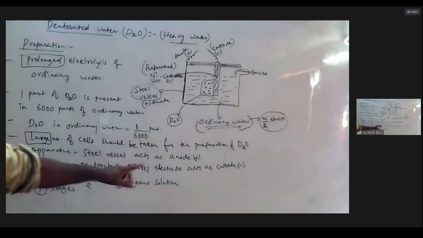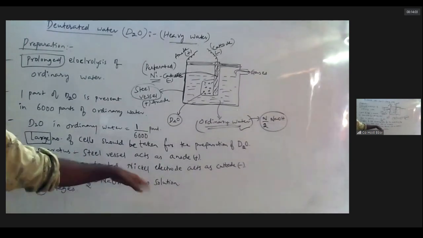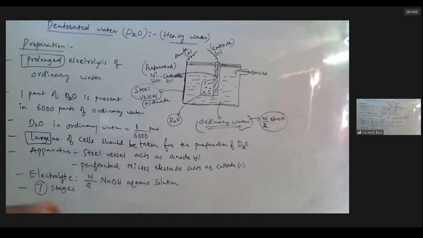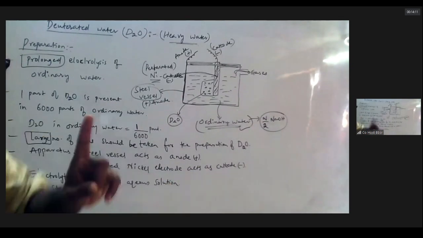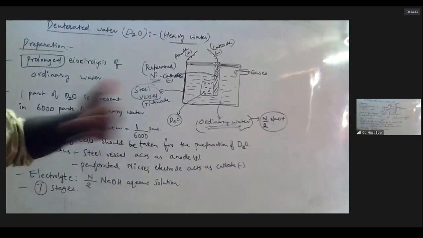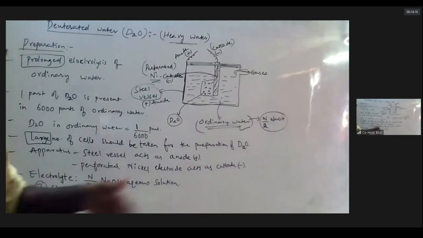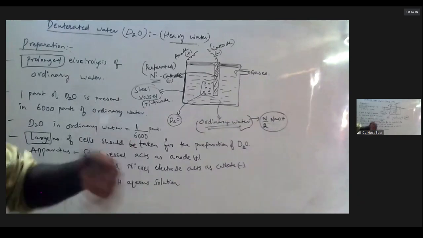Apparatus: the steel vessel acts as anode and the perforated nickel electrode acts as cathode, and the electrolyte is N/2 NaOH aqueous solution. And how many stages here? Not one stage, here there are 7 stages.